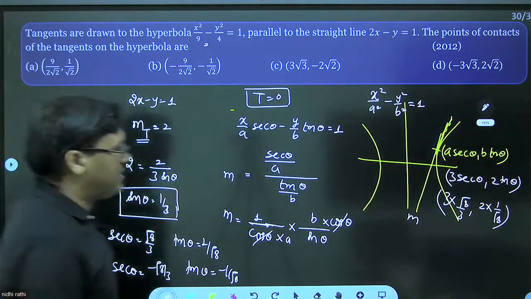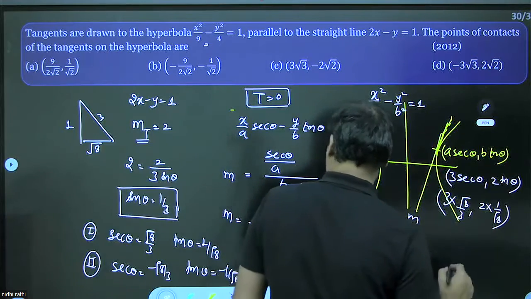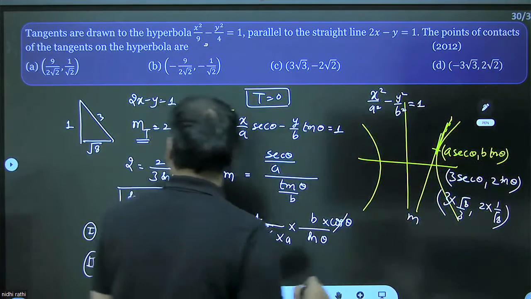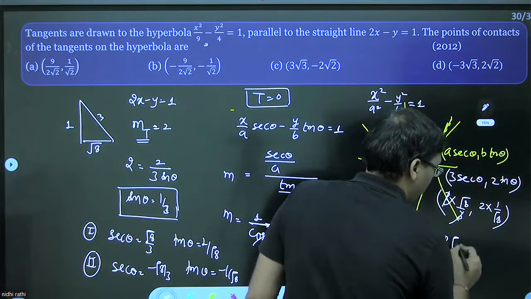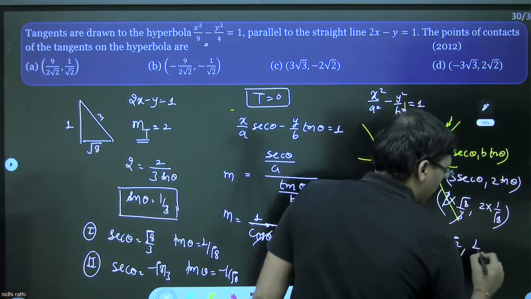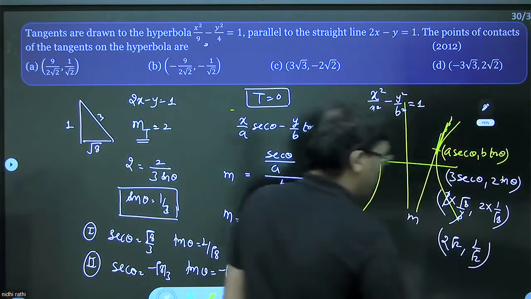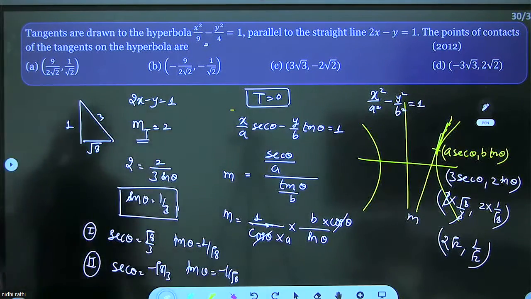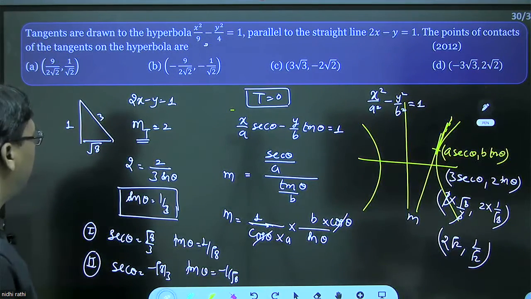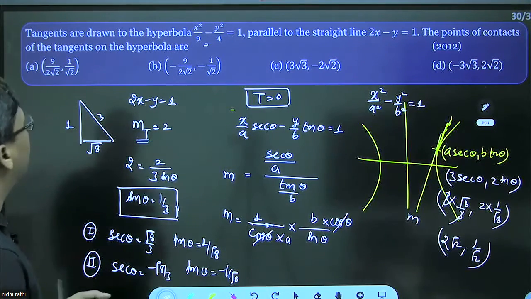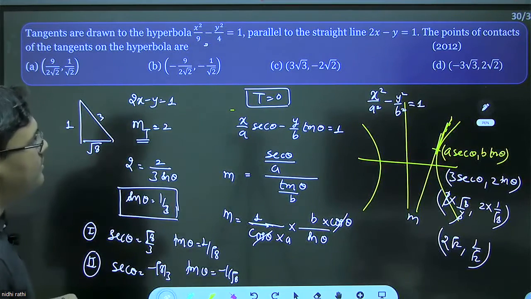So now we can check this. This is cancelled. 2 root 2, comma, 1 by root 2. So 2 root 2, comma, 1 by root 2. Somewhere we have made some calculation error.